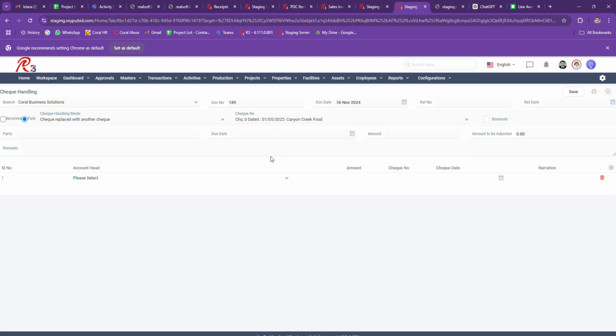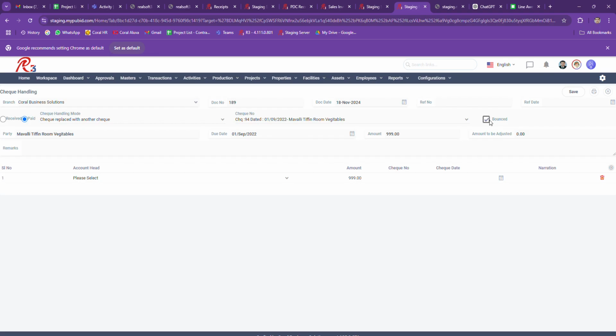You can select the check number. If it is bounced or not, you can specify here. You have to specify the check number only. No need to select the party. The system will automatically find the party for you. So if it is a bounce, then you can specify here. Why do you need to specify bounce?